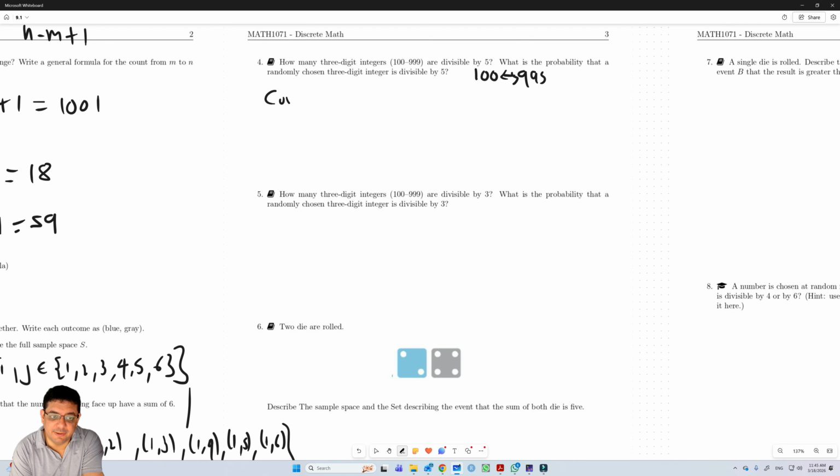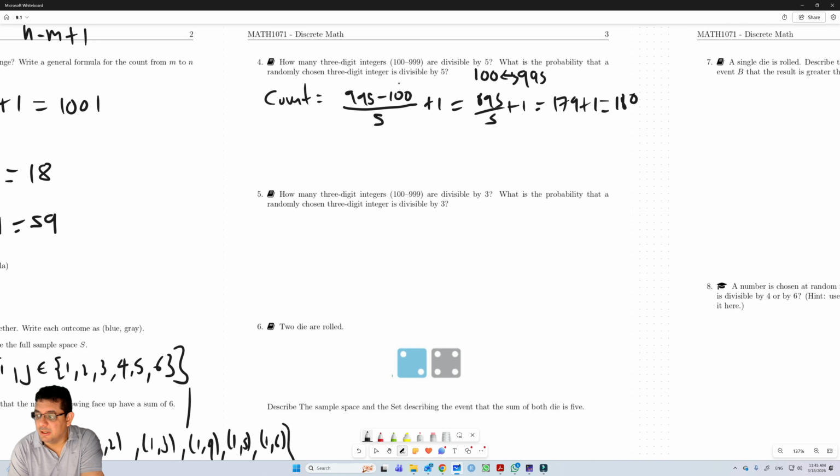So to count that, I can do 9095 minus 100 and divide by 5, and then plus 1 because we're being inclusive. This is going to give me the total of numbers that are divisible by 5. So this is 8995 divided by 5 plus 1, which is going to be 179 plus 1, so 180. So in general, divisible by 5, there are going to be 180 numbers.